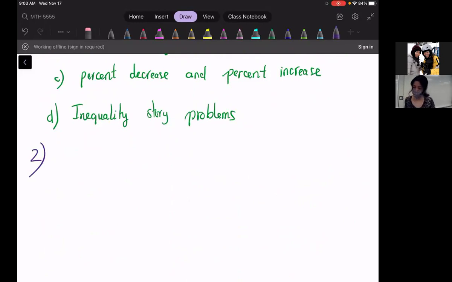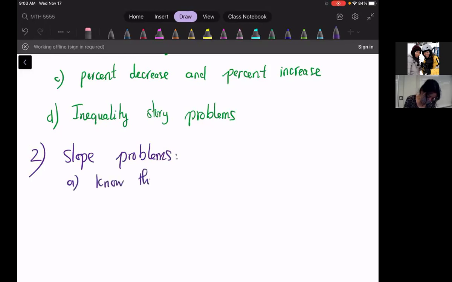For the slope problems, you should know this. M equals what? The slope formula: y2 minus y1 over x2 minus x1.